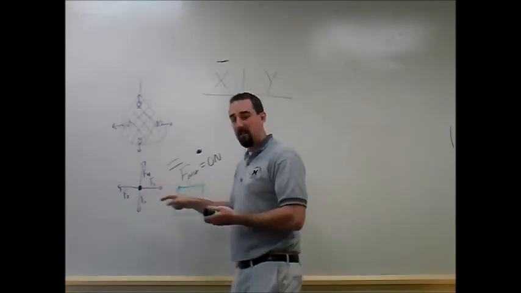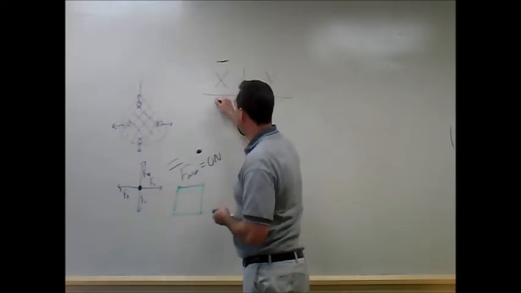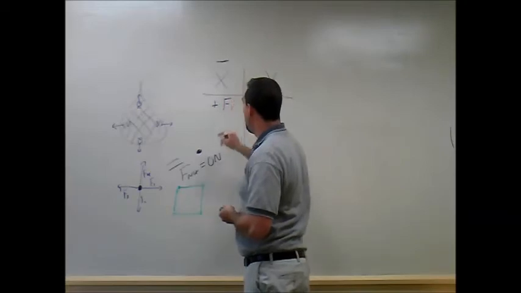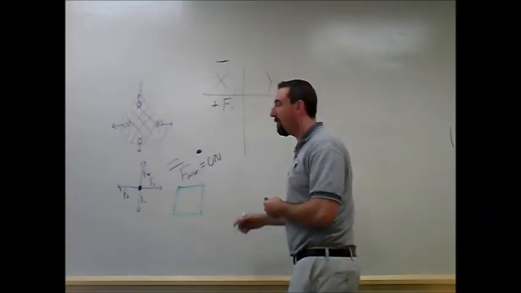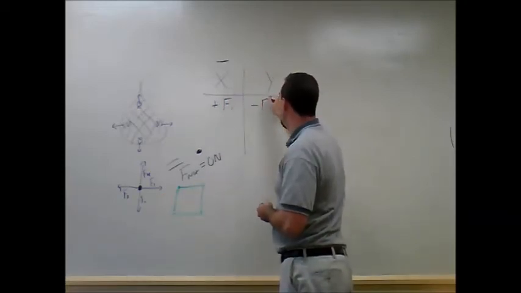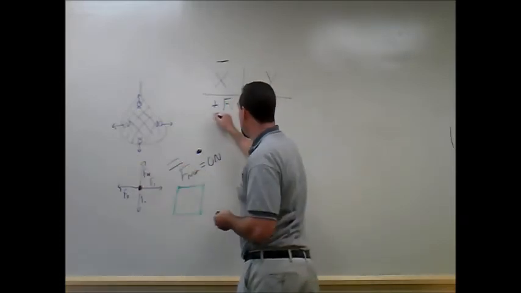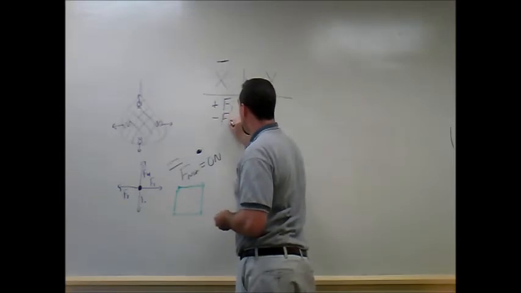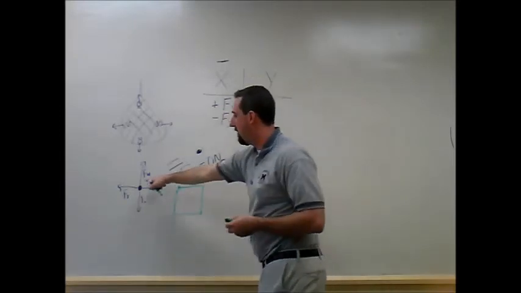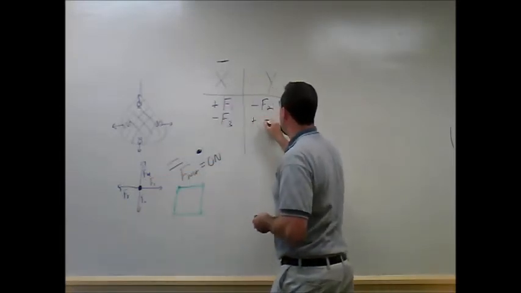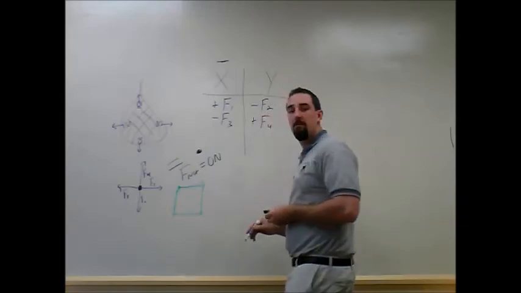That's going in the positive X direction. So we'll say plus F1. F2 is going in the negative Y direction, minus F2. F3 is going in the negative X direction, minus F3. And then F4 is going in the positive Y direction, plus F4.